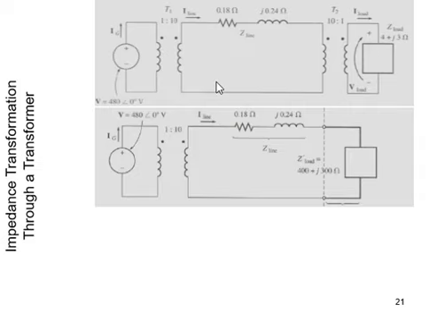Now, as we have studied in the previous slide, Z bar load is equal to A square into Z load.